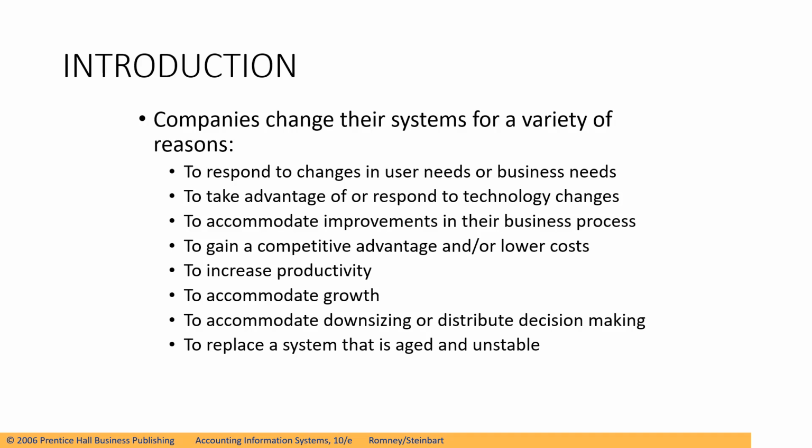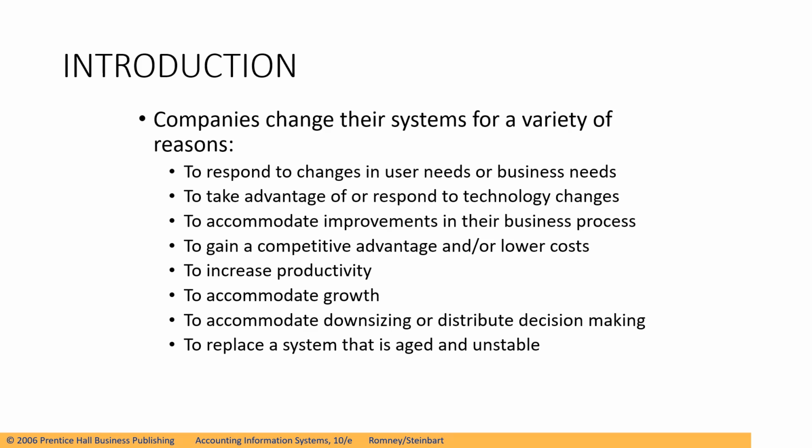Companies change their systems for a variety of reasons. Of course, to respond to changes in user needs or business needs, to take advantage of or respond to technology changes. We know that technology changes abruptly. We also want to accommodate improvements in our business process, gain competitive advantage, or lower our costs.